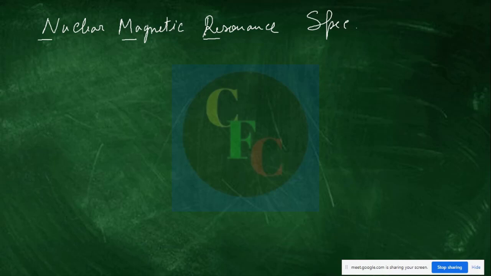Now in the last class only I told that this NMR is very helpful in the field of medicine through MRI, which we usually call MRI. But not only that, it is also the most used spectroscopy for synthetic chemists.